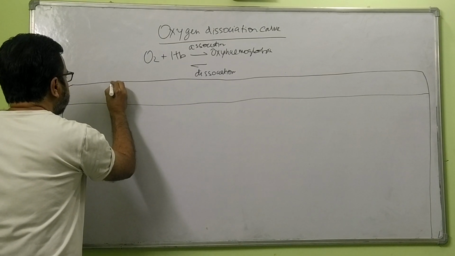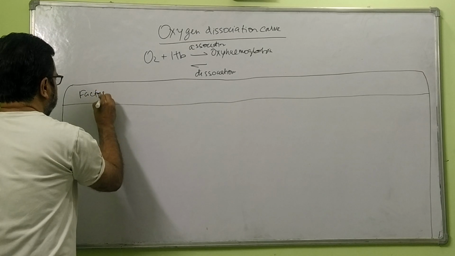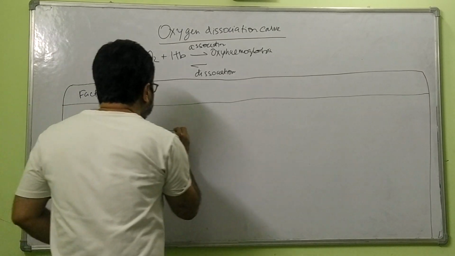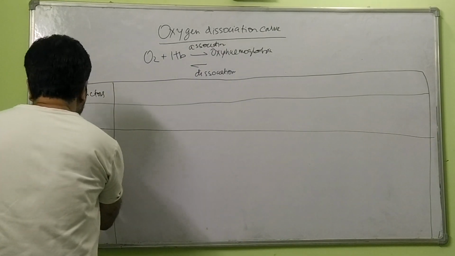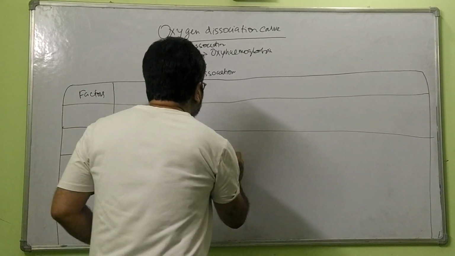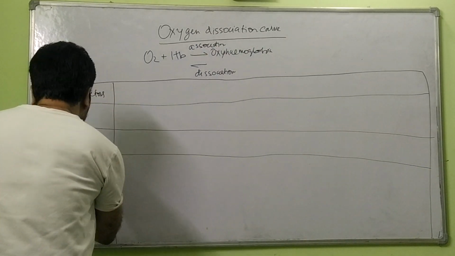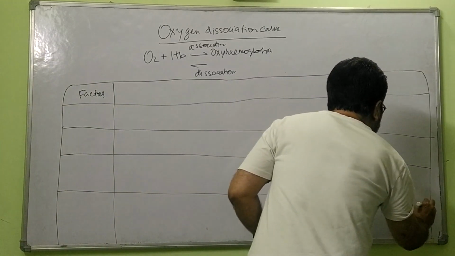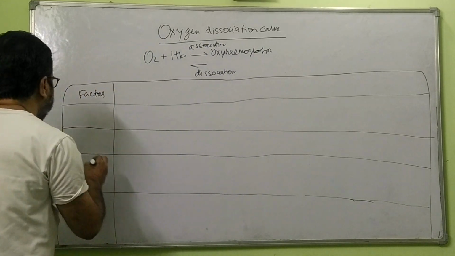The first factor is oxygen, or partial pressure of oxygen. The second factor is carbon dioxide, or partial pressure of carbon dioxide.